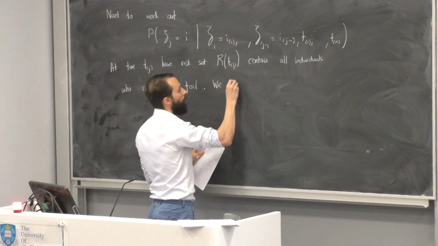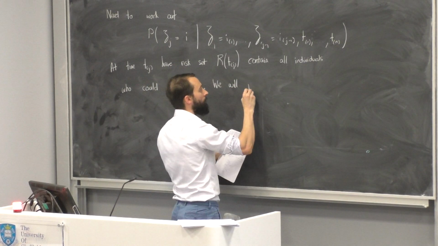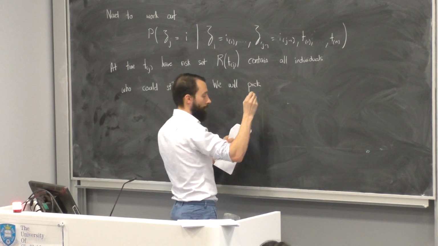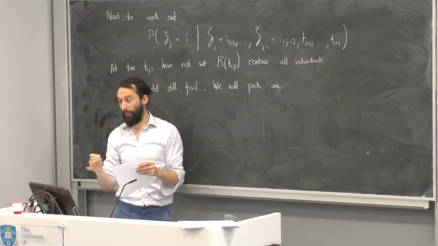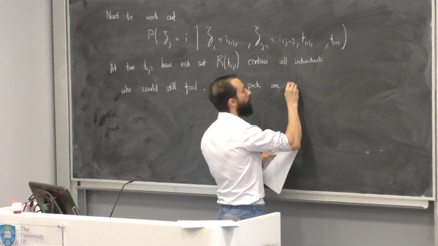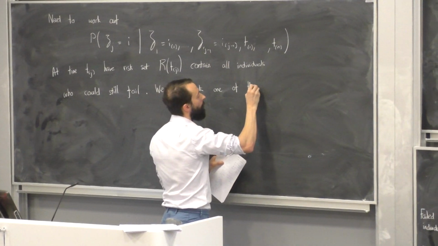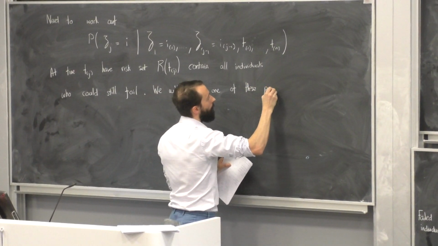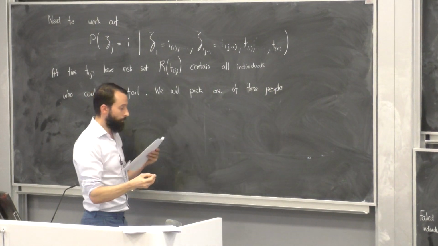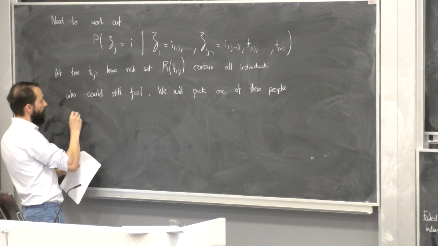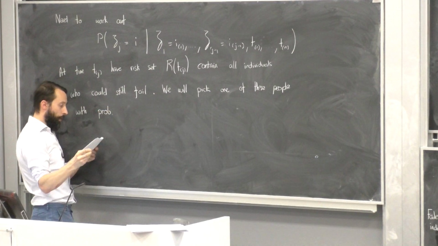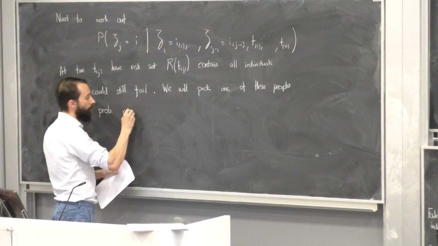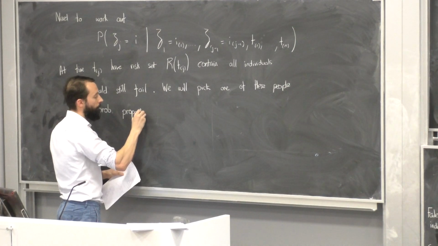And the probability that it's an individual person is proportional to what their hazard is going to be. So I'm going to pick one of my individuals in my risk set with a probability that is proportional to their hazard at that time.